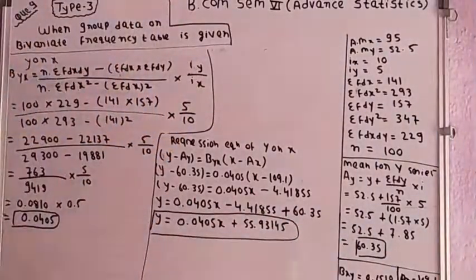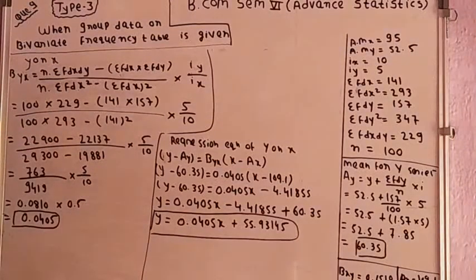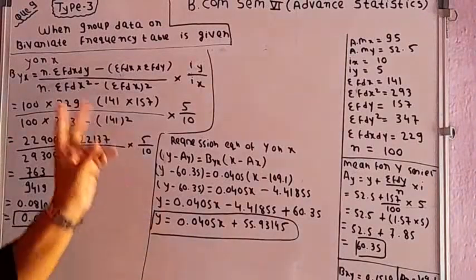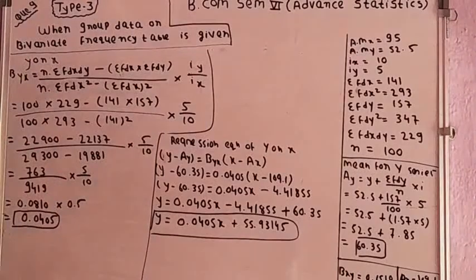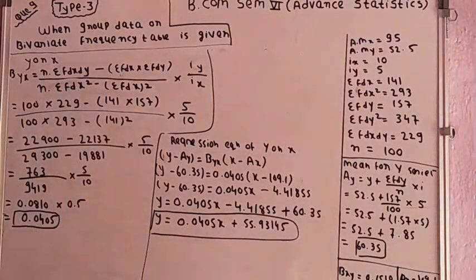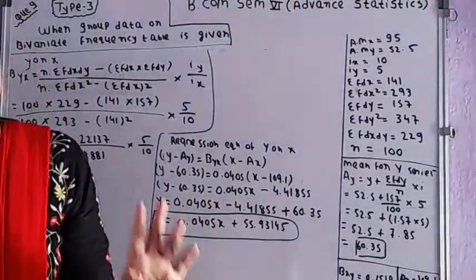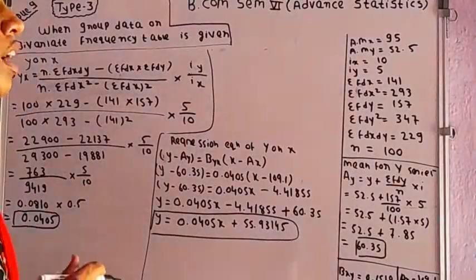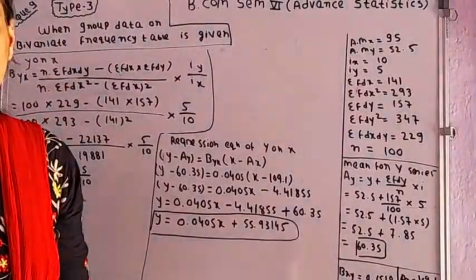Okay, now we have to find the coefficient of correlation. In the problem we were asked to find the regression equation for both lines of regression, that is x on y and y on x. We have done it here. After that, we have to find the coefficient of correlation. According to the property of regression analysis, there is a relationship between the coefficient of correlation and the coefficients of regression: the coefficient of correlation equals the geometric mean of the coefficients of regression.